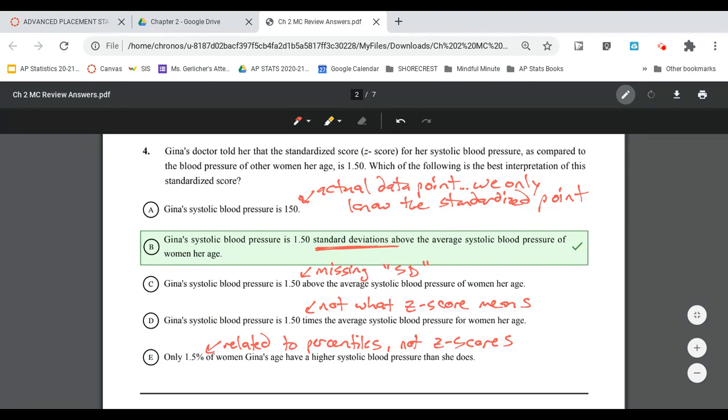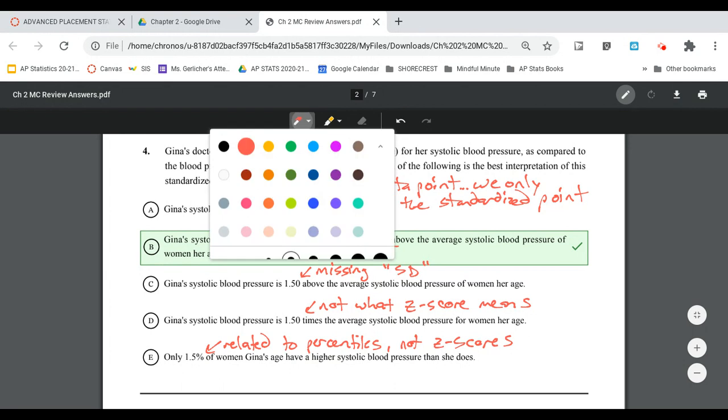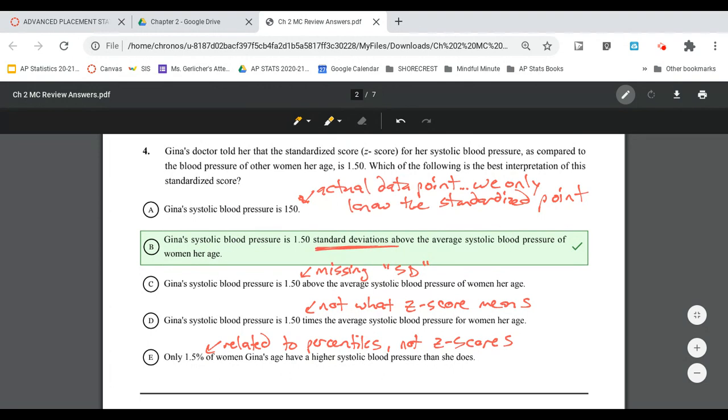Okay, number 4, again, conceptual about what a z-score is. So the key here in B is they're saying it's 1.5 standard deviations above the average blood pressure. We don't know anything about specific data points because we don't have any of the other data. We don't know what kind of distribution it is or what the mean or standard deviation is, so we can't make a comment like this.